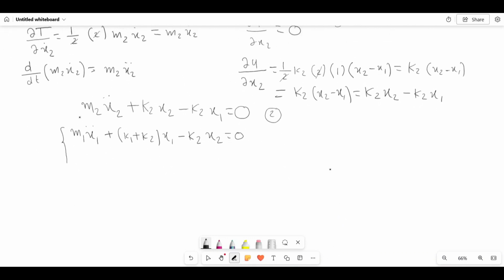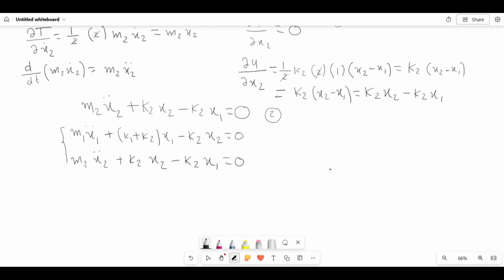We write the second equation, which is m2 x2 dot dot plus k2 x2 minus k2 x1 to be equal to 0. They will always ask you to write this in matrix form.